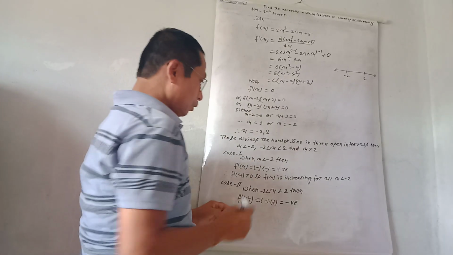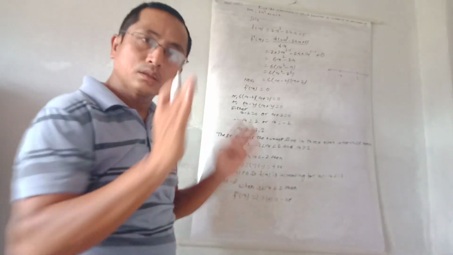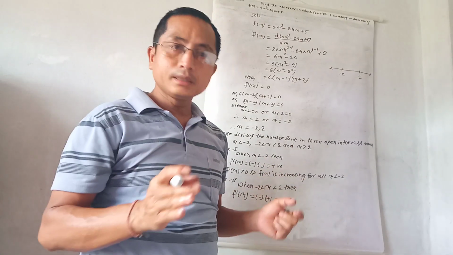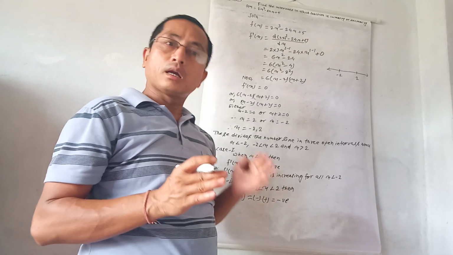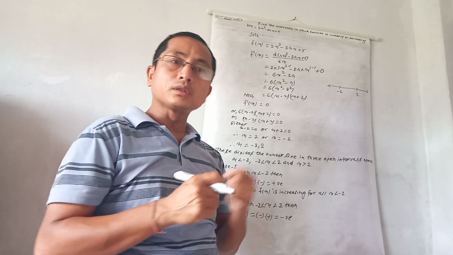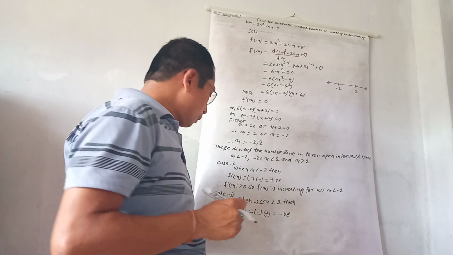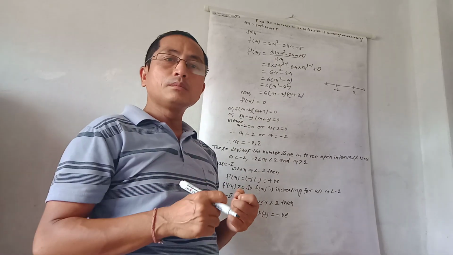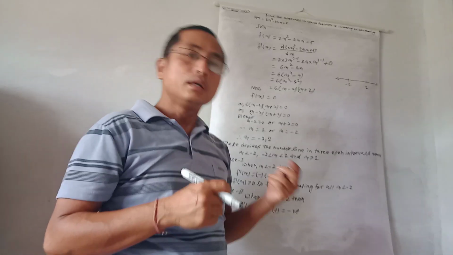It means when the result is negative, the function is decreasing. I have told you, when the value of the derivative is positive, the function is increasing, and when negative, the function is decreasing.